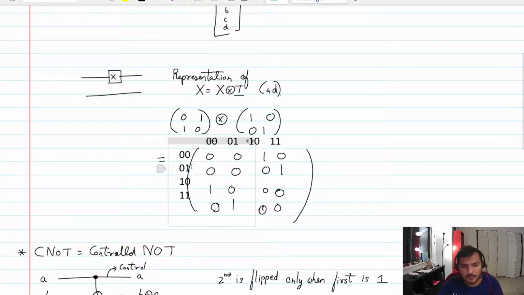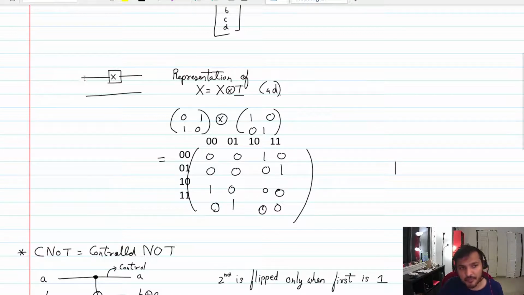So this first row represents 00. Think of these matrix elements as a transition, from the row state to the column state.